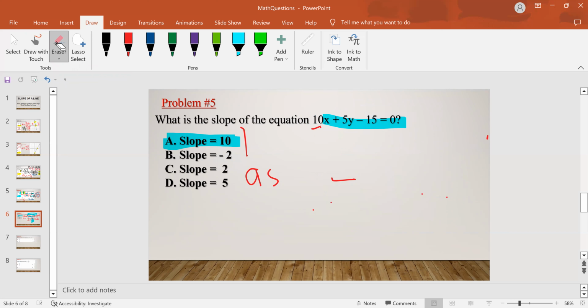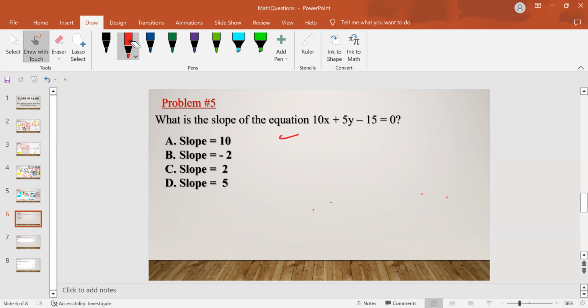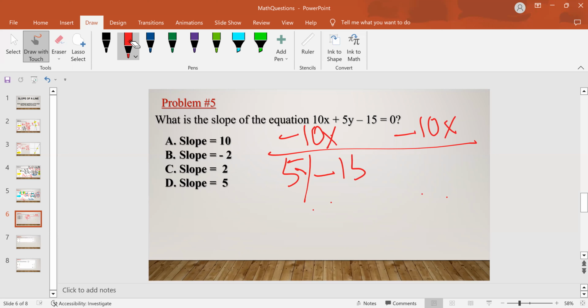For that, because we need to solve for y, we're going to subtract 10x on both sides. So we're going to say here minus 10x, minus 10x. So you'll see that you're going to have 5y minus 15 is equal to negative 10x.